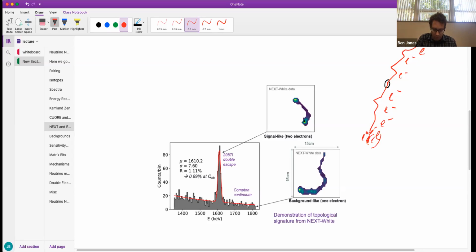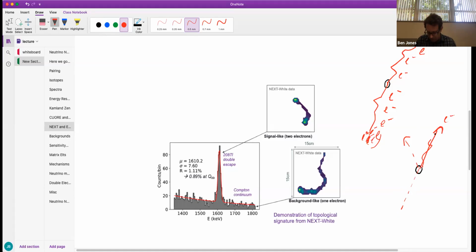And this is an example of what an event with 2 electrons emitted looks like, with 2 blobs at the end. Now the backgrounds here are primarily gamma ray interactions from these materials. So the gamma ray interaction, instead of looking like this, looks like there's a gamma ray coming in, it kicks an electron off, and then it scatters away. And so this interaction produces a single electron.